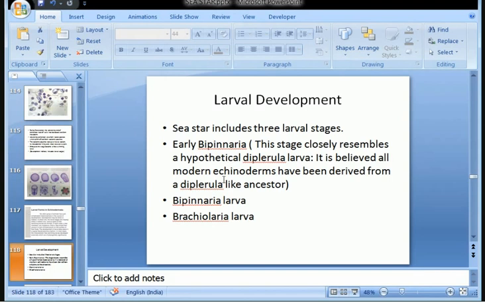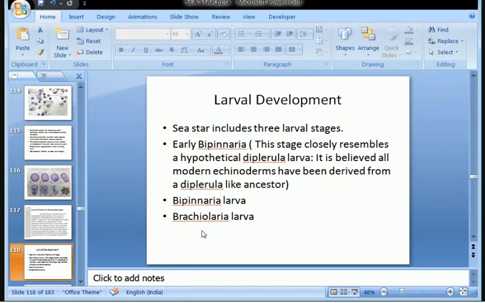One is early Bipinnaria, which closely resembles a hypothetical dipleurula larva. It is believed that all modern echinoderms have been derived from a dipleurula-like ancestor, right? So that stage appears in the early Bipinnarian condition. Then that leads to the typical well-developed, mature Bipinnaria larva, leading to Brachiolaria larva.